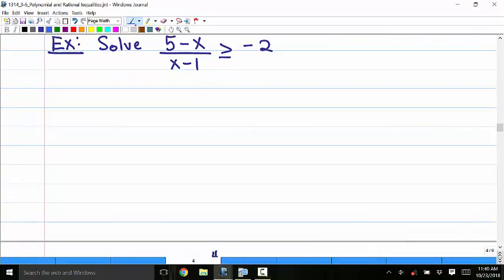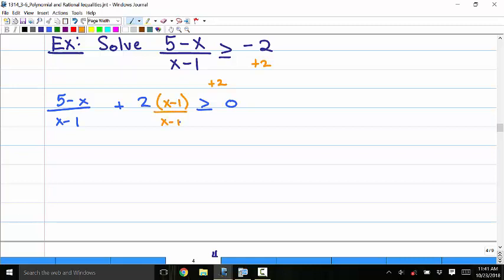Okay, for this next example, I need to get 0 on the right-hand side. So I'm going to add 2 to both sides. I get (5 minus x) over (x minus 1), and then plus 2 greater than or equal to 0. I need to get a common denominator, so I need to multiply this by (x minus 1) over (x minus 1). So I get 5 minus x plus 2x minus 2, all over x minus 1.